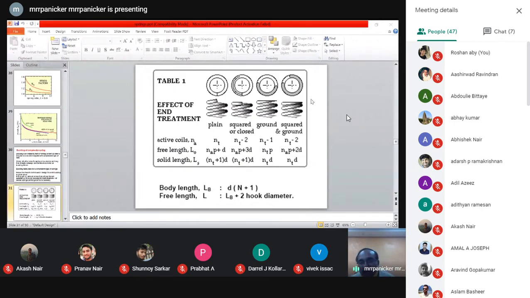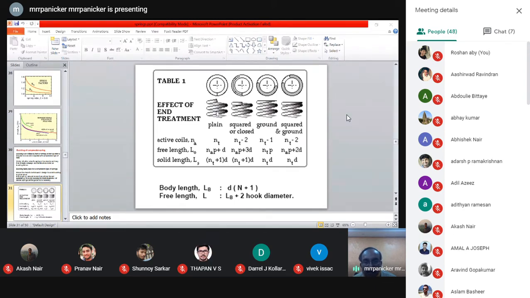But in the case of the squared and ground end, there is no need for putting it in a tube or a rod. But cost wise, this is costly because we have to grind it. That is why the name is ground. So that was the first question.